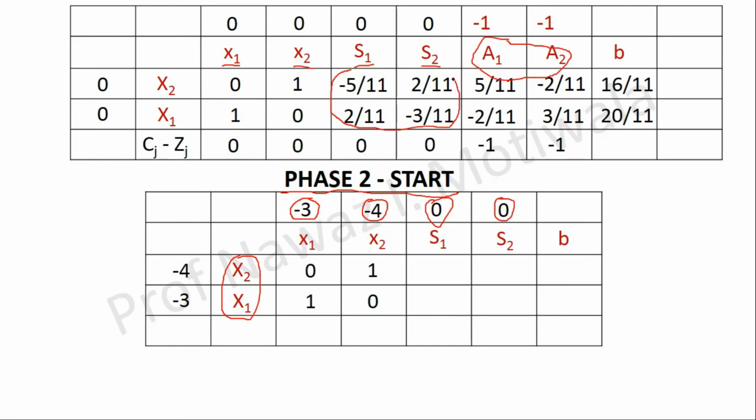So the values are: minus 5 by 11, 2 by 11, 2 by 11 and minus 3 by 11. I will substitute these here, and also the values of B, that is 16 by 11 and 20 by 11 respectively. So all we need to do is copy the above table as the start of phase 2, just by eliminating the artificial variables.